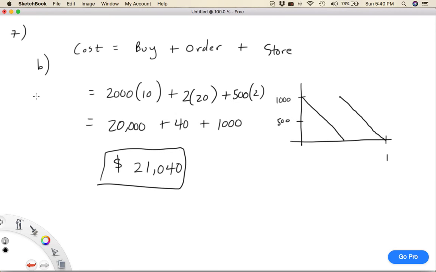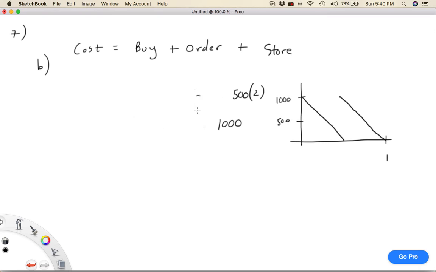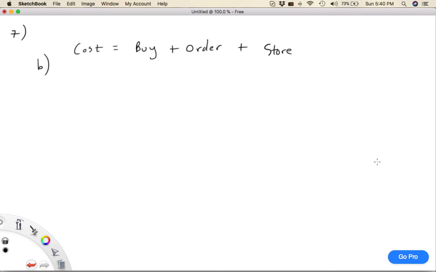Part C is, what would be the total cost function if the restaurant placed n equally spaced orders throughout the year? Okay, that's interesting. Now we're going to have to do a little more serious algebra here. Still no calculus, right? Okay, so, well, let's see. The cost of the wine itself is still a fixed cost, right?